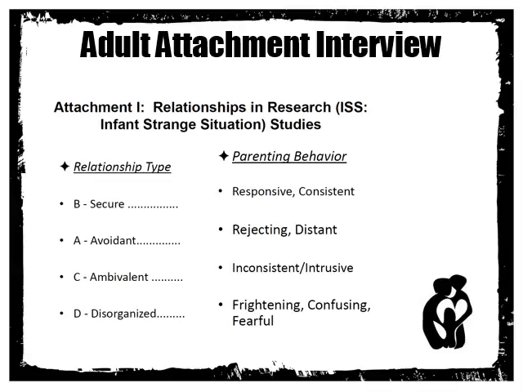And a parent who has a disorganized attachment style behaves as a parent as frightening, so they do things that are frightening to the child, confusing, they do things that are confusing to the child, and also fearful, meaning the child perceives them as being fearful in how they interact with the child.